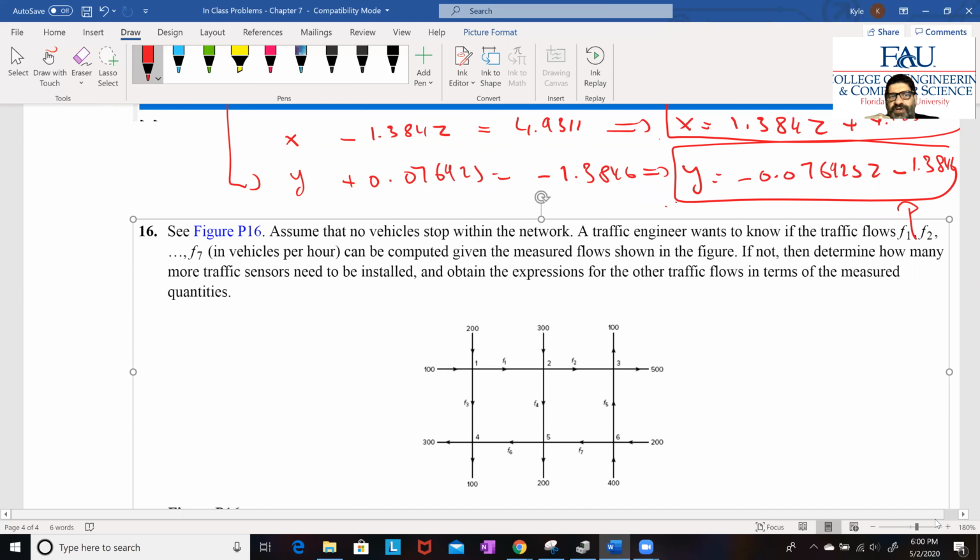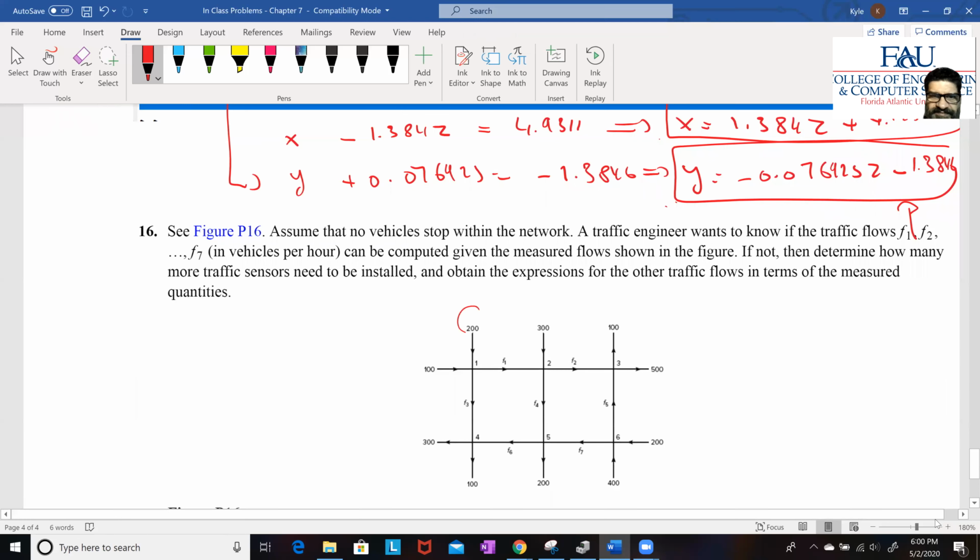If not, then determine how many more traffic sensors need to be installed to obtain the expressions of the other traffic flows in terms of the measured quantity. So remember, we're measuring the traffic here, and we're trying to find the traffic within F1, F2, F3, F4.